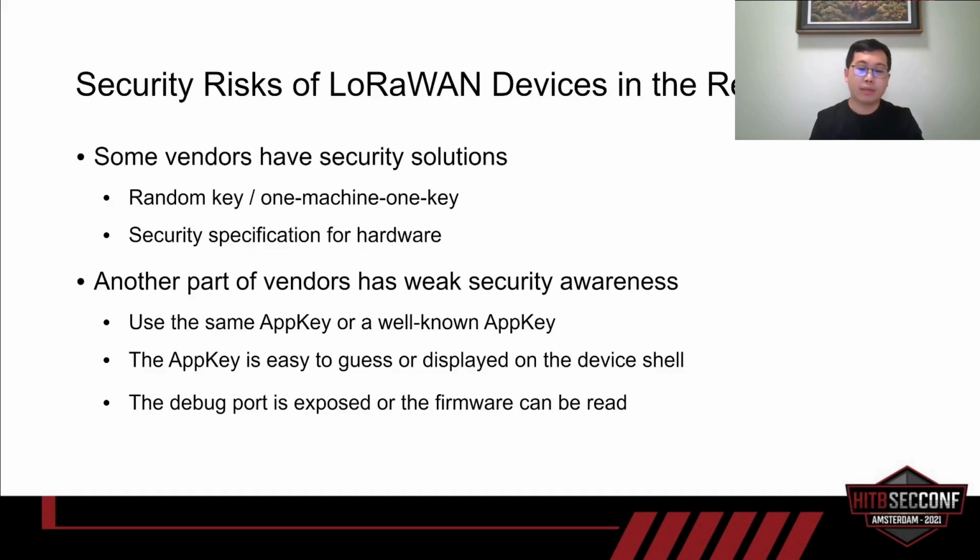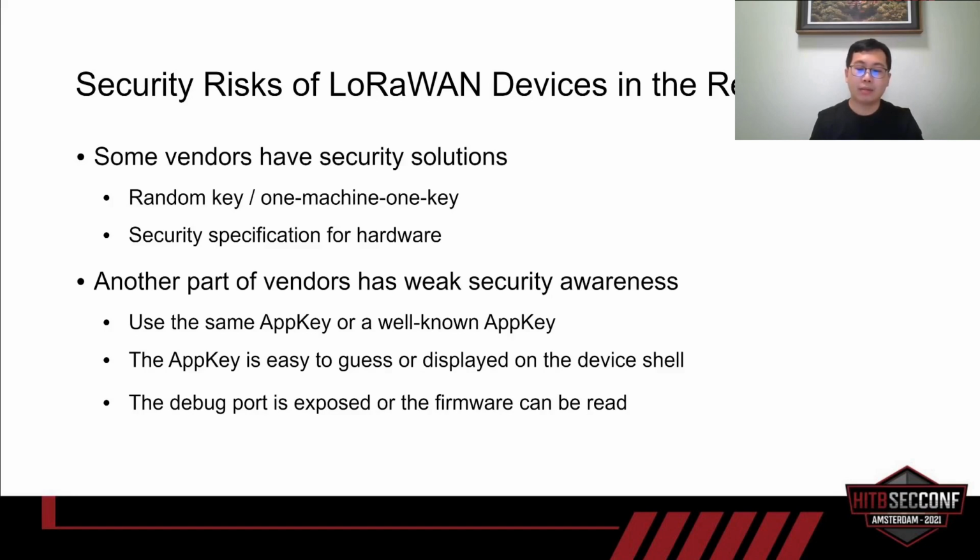The other type of vendor still lacks security awareness. To facilitate deployment, they usually use the same AppKey or a well-known AppKey, or mark the AppKeys on the device shells in plain text or serial code. At the same time, there is not enough attention to the protection of hardware and firmware. We believe that if more and more vendors pay attention to the security of LoRaWAN, these problems will be solved.